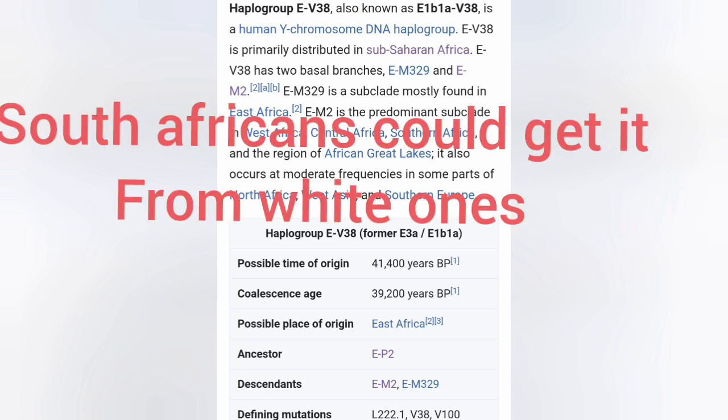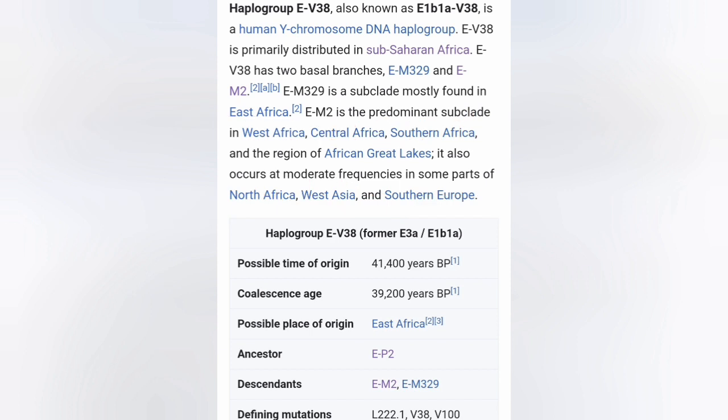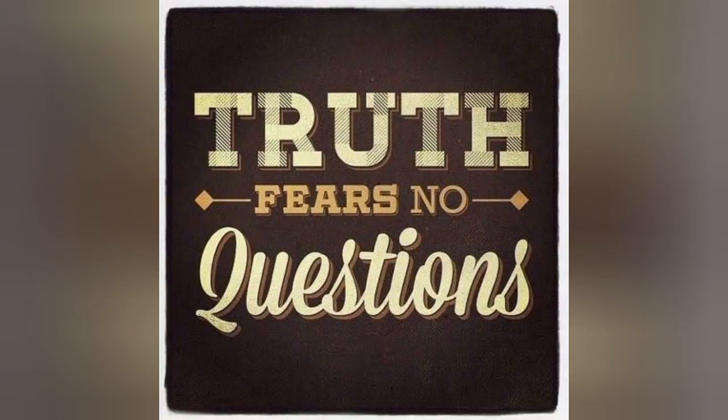R1b is found highly in parts of Africa where they're not mixed, and then you find them in parts of Africa where they are mixed. So in South Africa, you would expect R1b to show up, and it does. But this can be shown to be maybe they're mixed with white people, and this is true of these DNA.